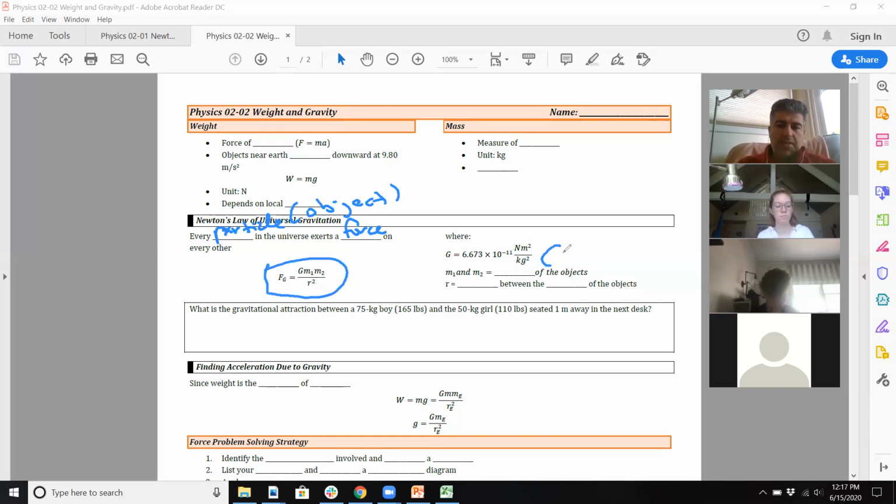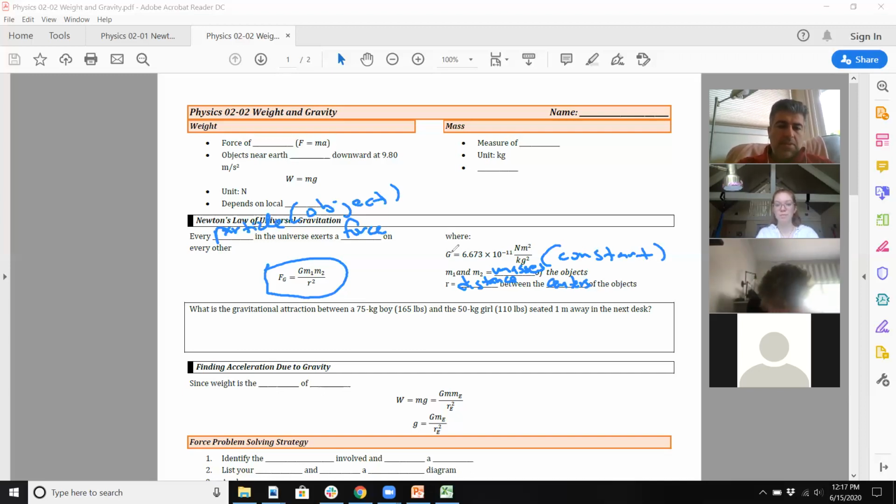G is a constant. It's a really wacky number with a lot of wacky units, but the units actually make sense. M1 and M2 are the masses of the two objects you're considering. R is the distance between the centers of the two objects.